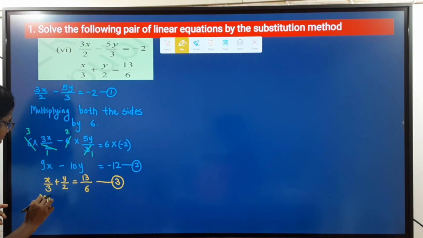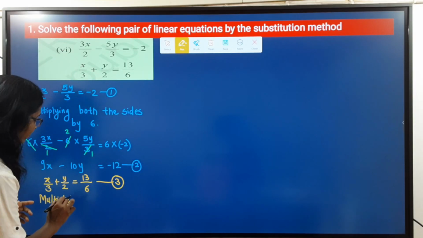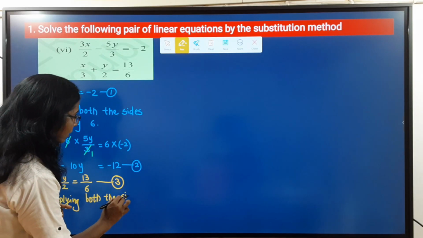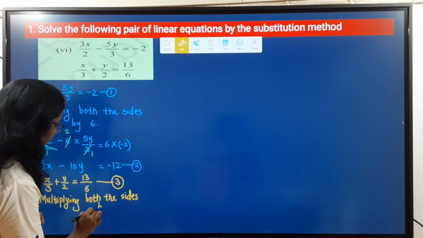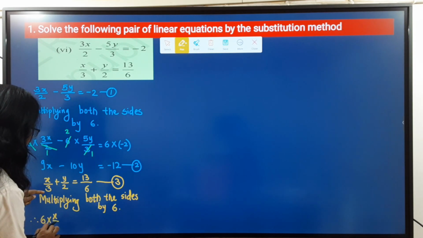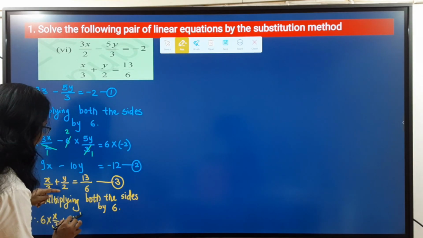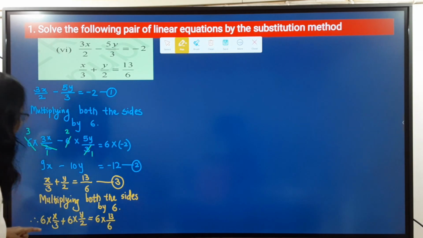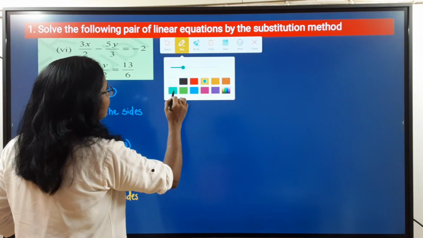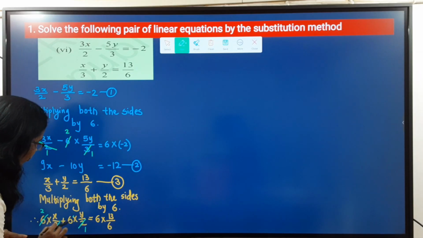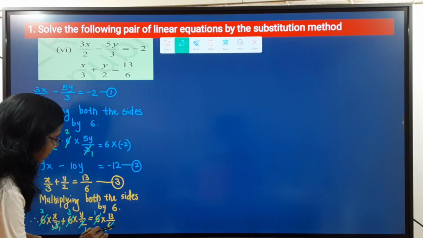So I write down the instruction here, multiplying both the sides by 6. Therefore here, students, 6 multiplied by x upon 3 plus 6 multiplied by y upon 2 is equal to 6 multiplied by 13 upon 6. So now the cancellation occurs here. 3 ones are 3, 3 twos are 6. 2 ones are 2, 2 threes are 6. 6 ones are 6, 6 ones are 6.